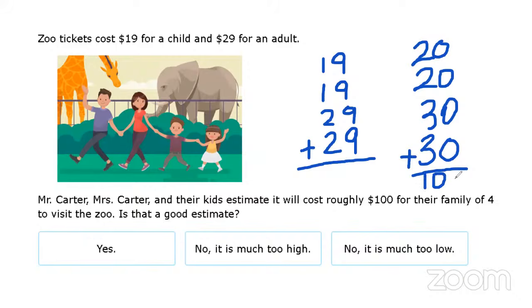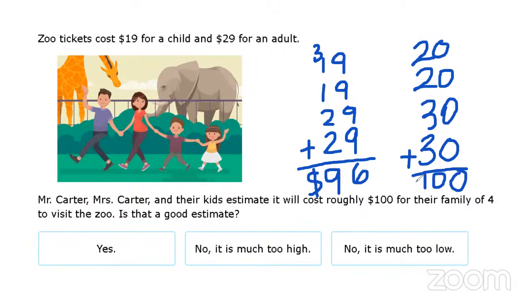This is one way. Before I go any further, let us just work out the actual amount. 9 plus 9 plus 9 plus 9 is what? That looks like 36. 3 tens, 4 tens, 5 tens, 7, 9 tens, 96. So the actual amount of money they'll spend is $96.